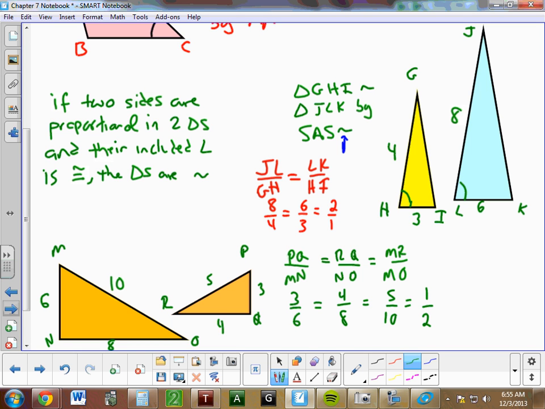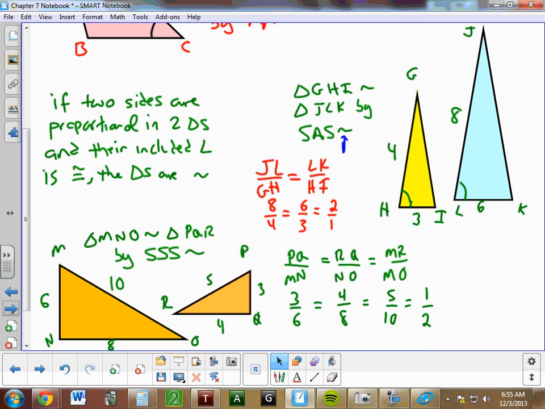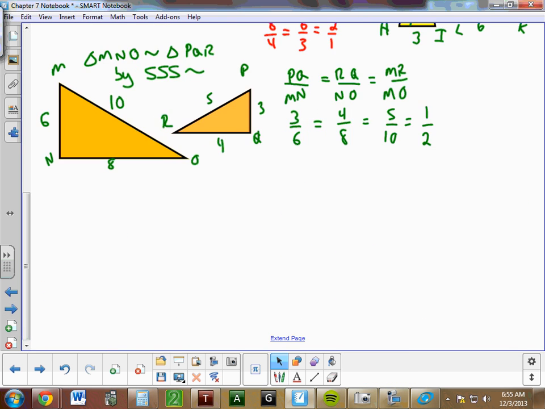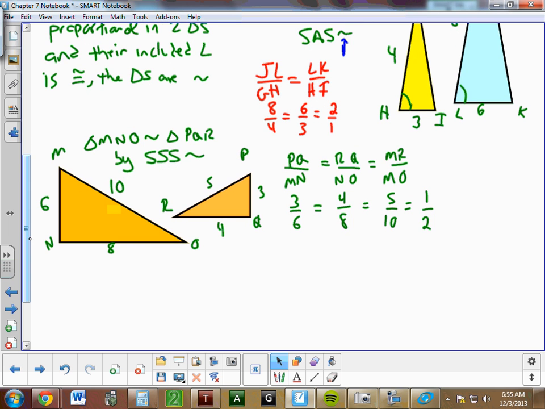So you can say triangle MNO is similar to triangle PQR by side, side, side for similarity. If you want, we can write out the statement for that and show the if-then, so that way you have that for your notes.